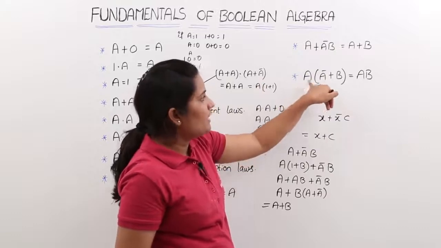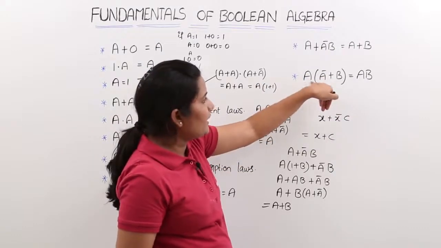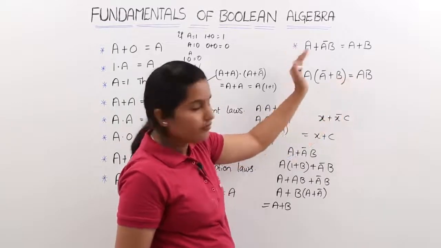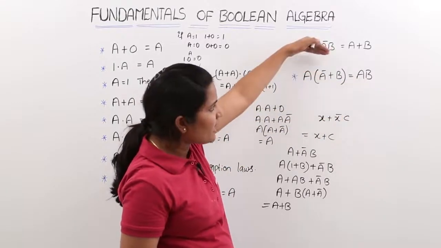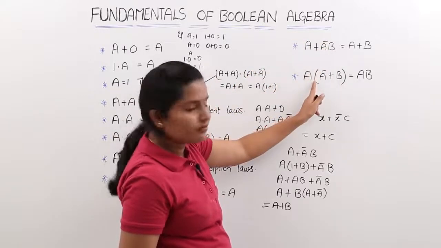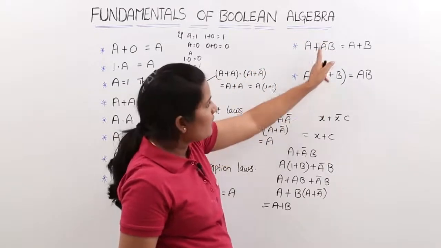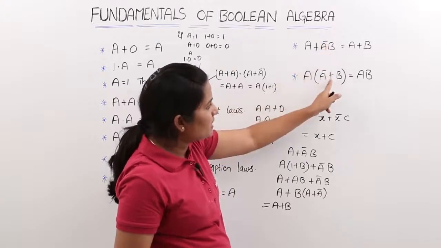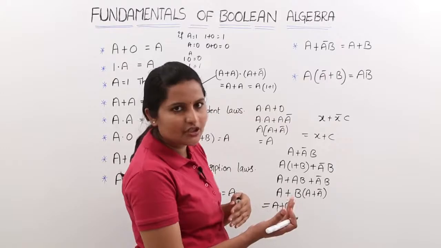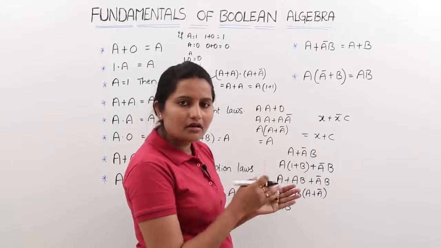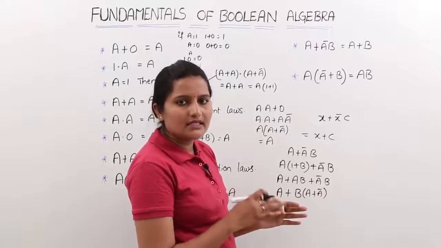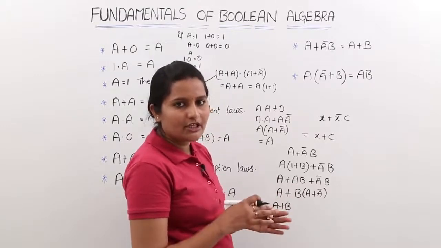In the same way, here also see A into A bar plus B is equal to AB. We can say this is the dual of the previous expression. Whenever you have plus, you get multiplication, and whenever you have multiplication, there you get plus. This is nothing but the dual of an expression. Dual means OR converted into AND, AND converted into OR, plus into multiplication, multiplication into plus.